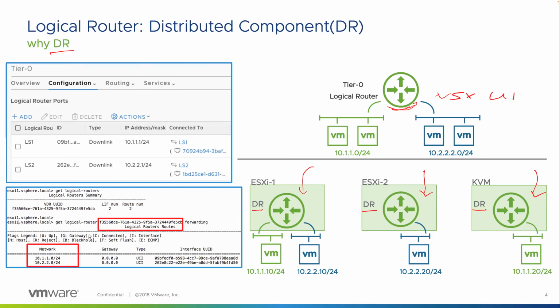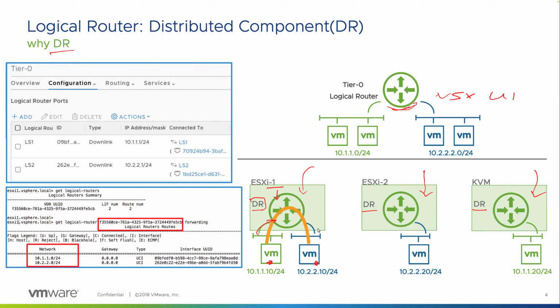So for example, this VM wants to talk to this blue VM. How does it go? You just send the traffic to this DR, because this is the closest distributed router, sitting on this ESXi1 host.